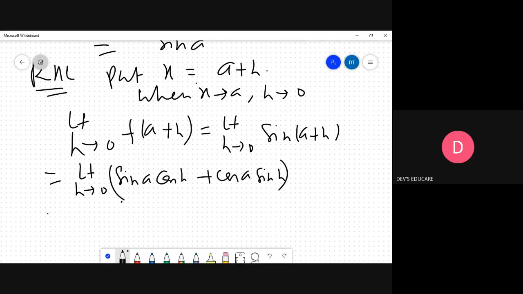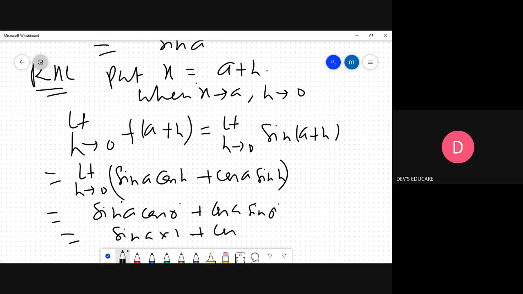Now put the value of the limit, why carry this limit for long? So this is sine a cos 0 plus cos a sine 0. Again we have sine a into 1 plus cos a into 0. So we have actually sine a.